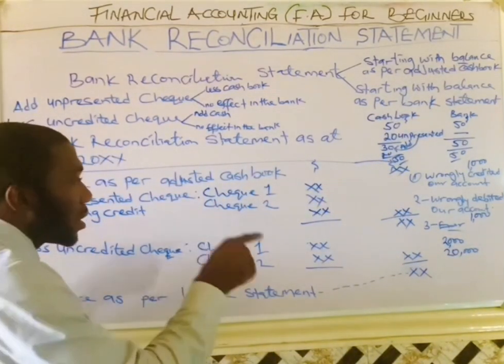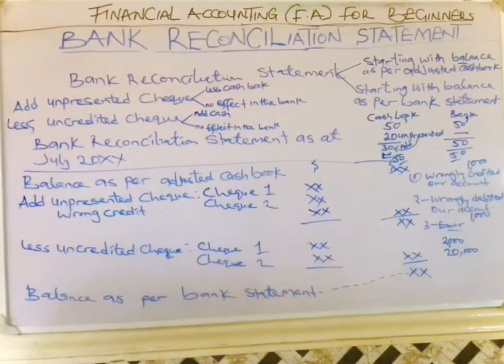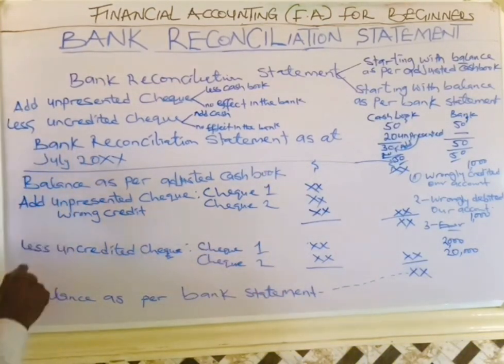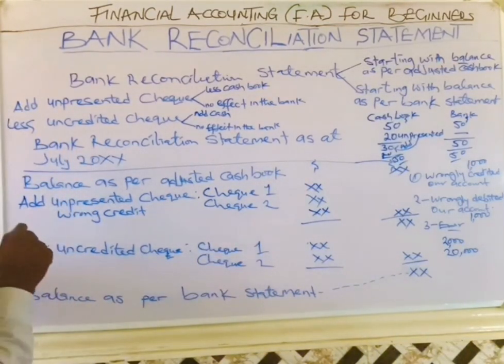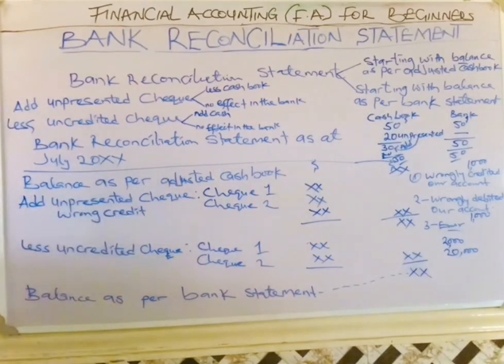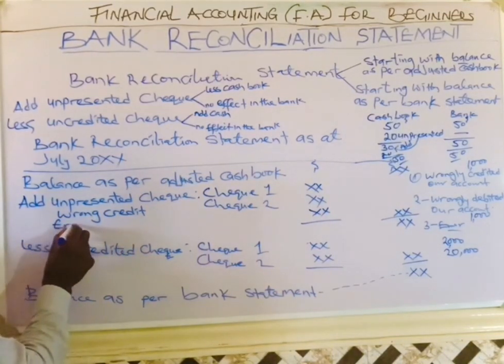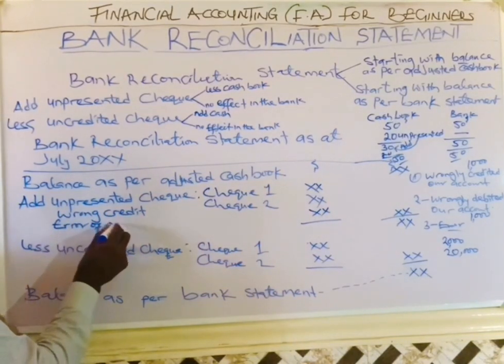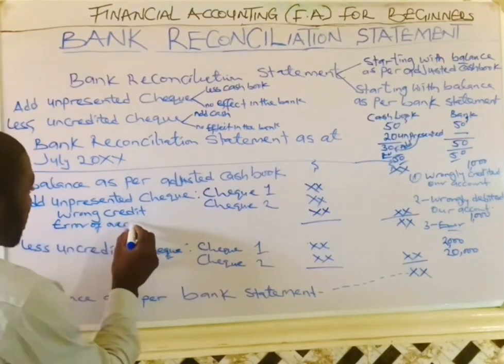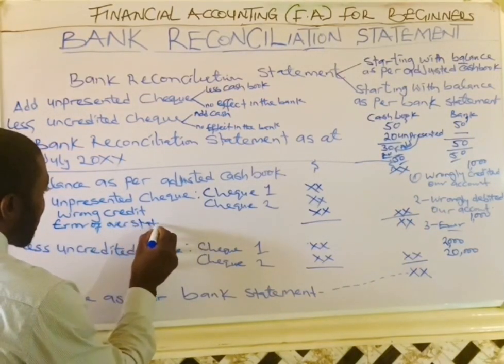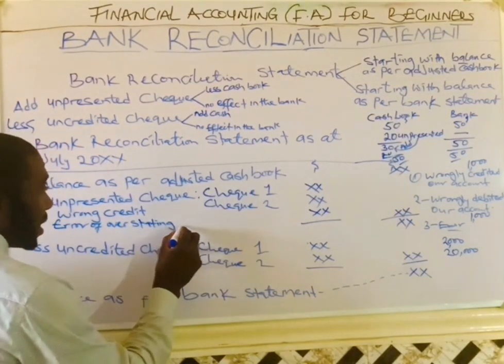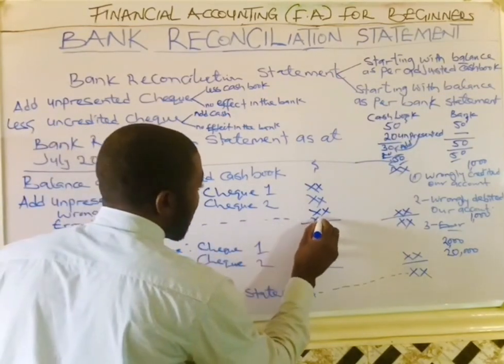So this wrong or error will be added to your cash book or adjusted cash book balance in order for the balance to agree with that balance in the bank statement. So you're going to add error of overstating. Error of overstating you add it.